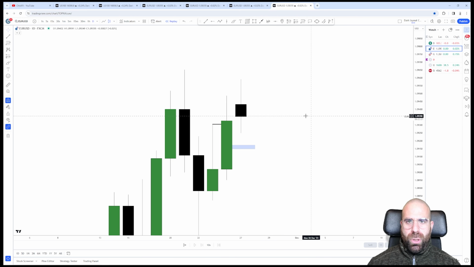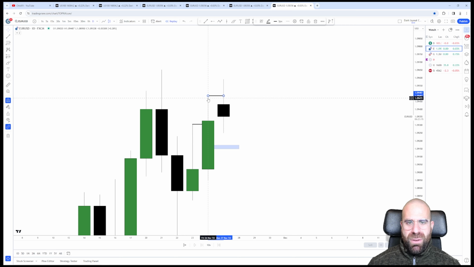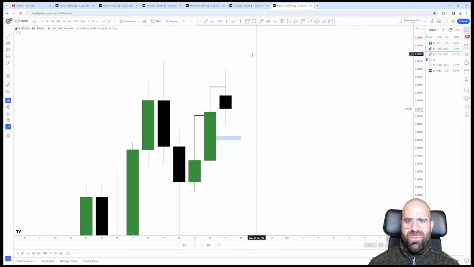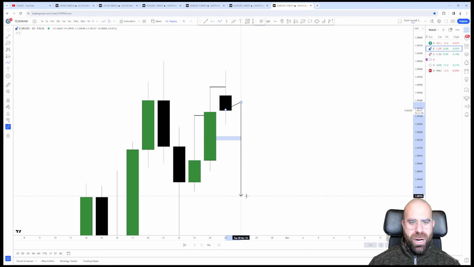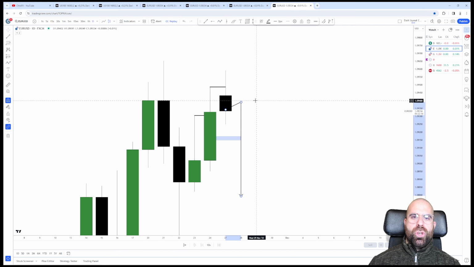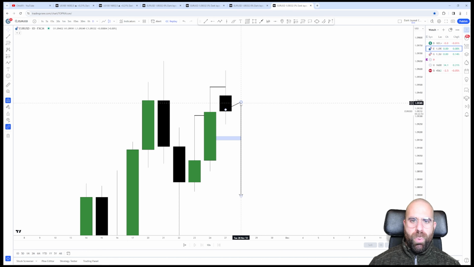So what you can do when you see on the daily time frame that you have grabbed liquidity above the previous day's high, and that the candlestick is retracing within the range, then it is very possible that price, after grabbing this liquidity, is gonna do something like that and probably continue a little bit or a lot towards the downside.